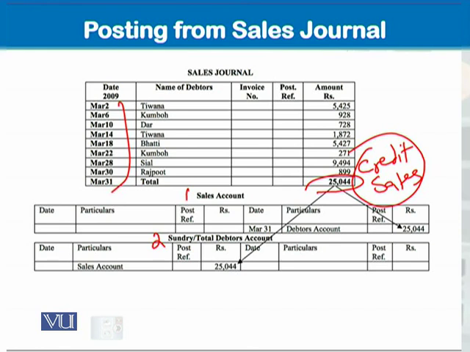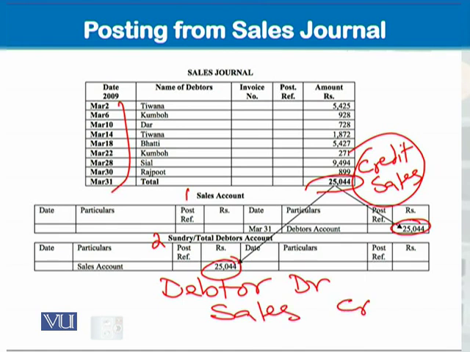One is the sales account and the second one is the debtors account. So the sales account should be credited and the debtors account should be debited, because if you do recall, the journal entry is debtor debit and sales credit. So since sales is being credited, we will place it in the credit side, and since debtor is being debited, we will place it in the debit side of the debtors ledger account.